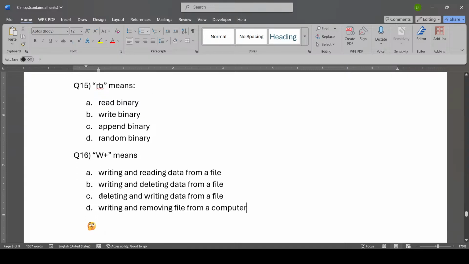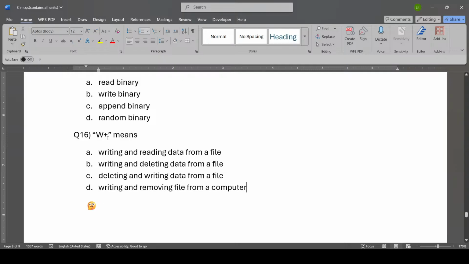So what is the meaning of question 16? W plus: writing and reading data from a file, writing and deleting data from a file, deleting and writing data from a file, and writing and removing file from a computer. So which one is the right answer? Question number 16.